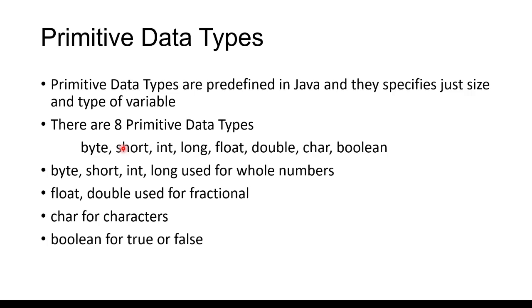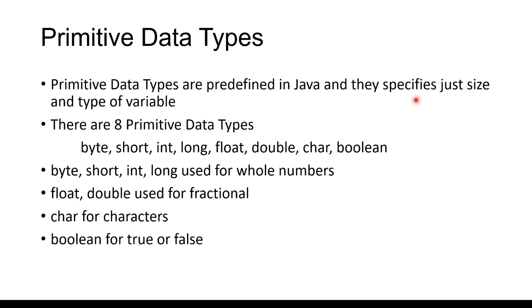All the primitive data types are predefined in Java, and they specify just the size and type of the variable. It means how much we can store and what we can store. These primitive data types won't have any additional methods.